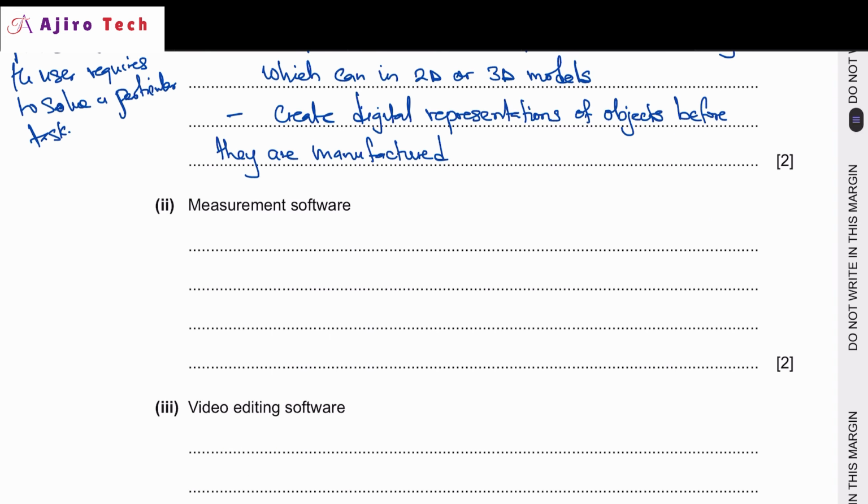Then measurement. Now we have control and measurement software. It's important for you to understand that when we talk about control and measurement software, both of them are designed to allow a computer or a microprocessor to interact with the sensor, right? So for the measurement, it measures physical quantity. The measurement measures what?